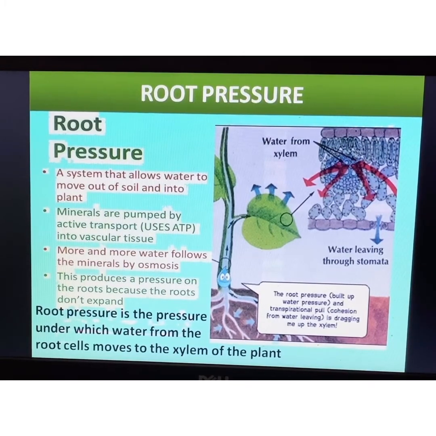As you keep on filling water inside the roots, the water will fill up the entire cell. Now that water is definitely going to exert a pressure.